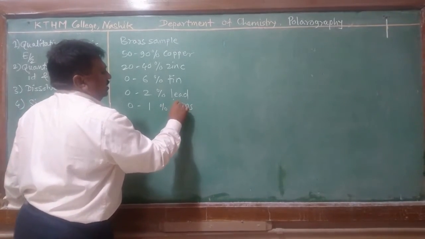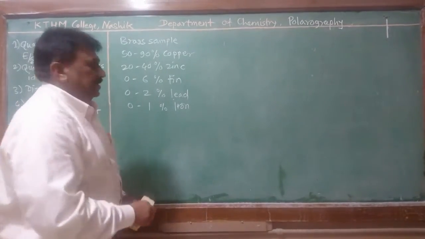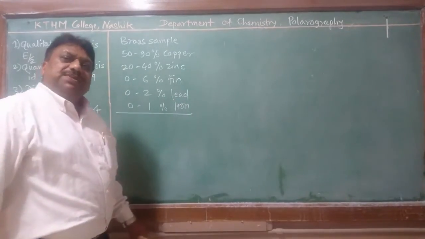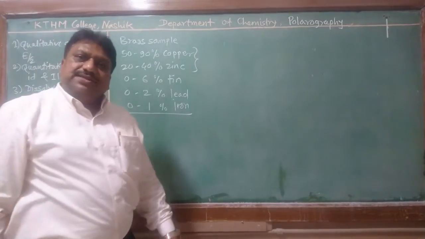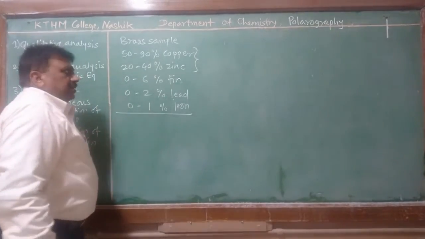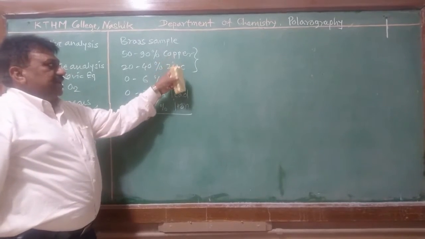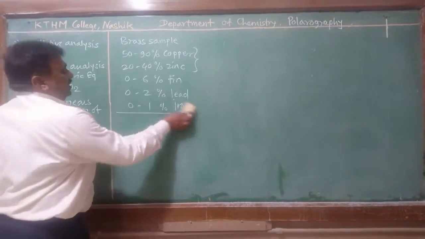This is the composition of a brass sample, and here the polarographic method is the best method for simultaneous determination of copper and zinc in a brass sample. We discuss how to determine this copper and zinc in a brass sample by means of polarography.